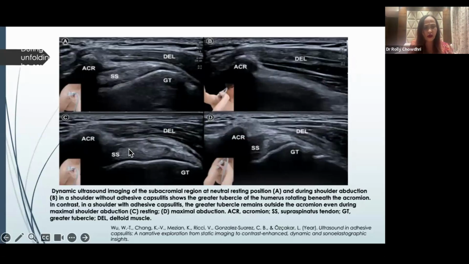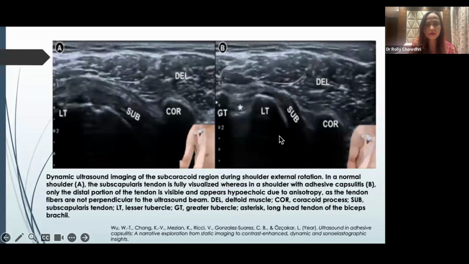But in this patient of adhesive capsulitis, there is also subacromial impingement, where even on maximum abduction, it is not gliding smoothly. There's interrupted gliding, and the greater tubercle remains outside the acromion even on maximum abduction.